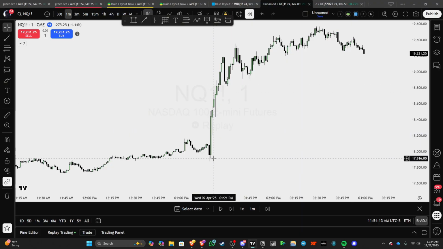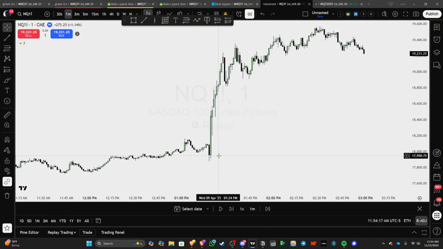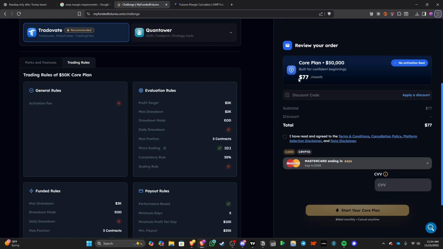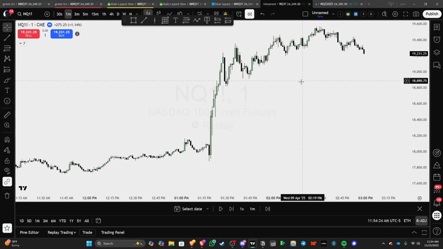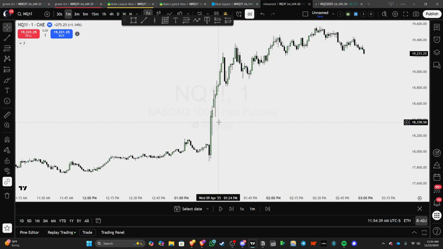However, the benefit of the funded futures account is that ultimately what you put in, that risk in the beginning, is $77. I would rather blow 5 funded accounts than risk, I don't know, 10K of my own capital and get caught in this, because I'm going to be losing more money, right? With the funded futures account, you can build it back. With a live account, you're literally cooking yourself.